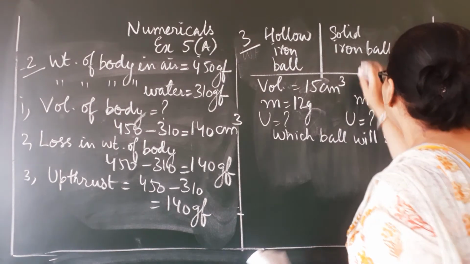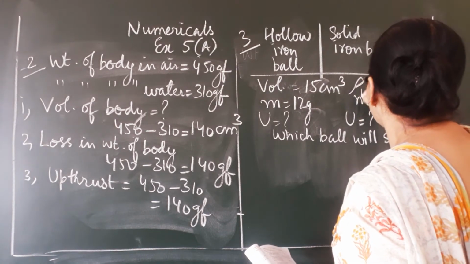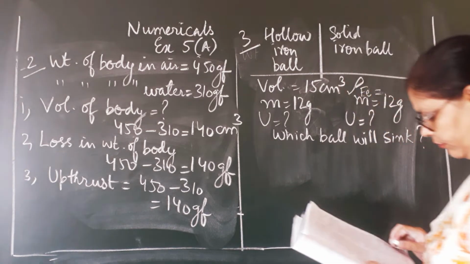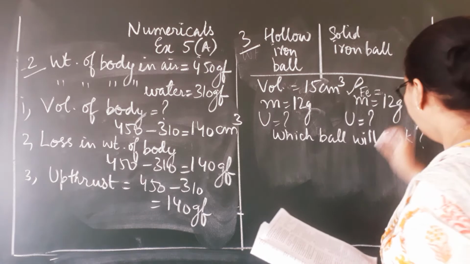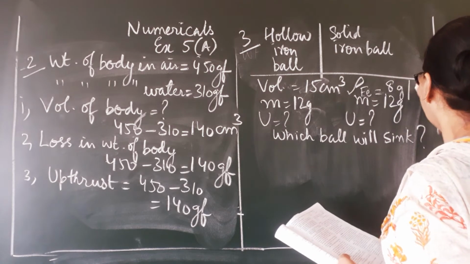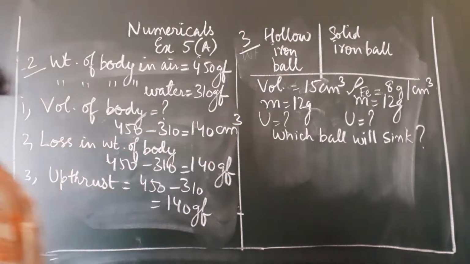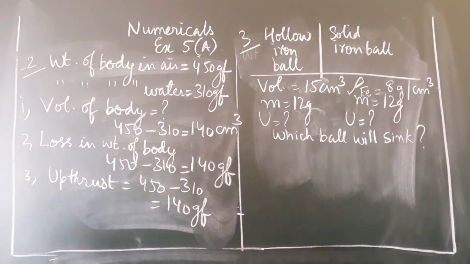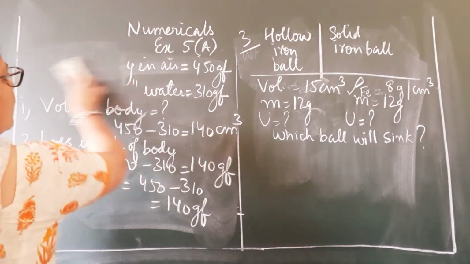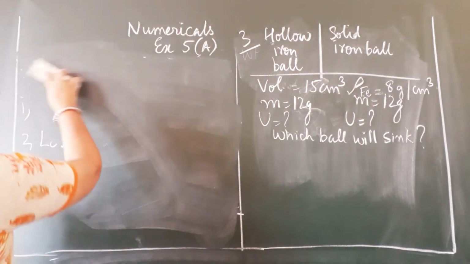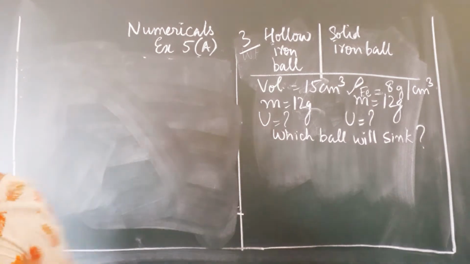So we'll write down here, because solid, density of Fe. Iron is Fe. Density of Fe is given to be 8 grams per cubic centimeter. So look at the data in the question, children, very carefully. In the meantime, I will erase the second question because we have already completed that. Okay, so I am erasing the second one, and this is the third question.